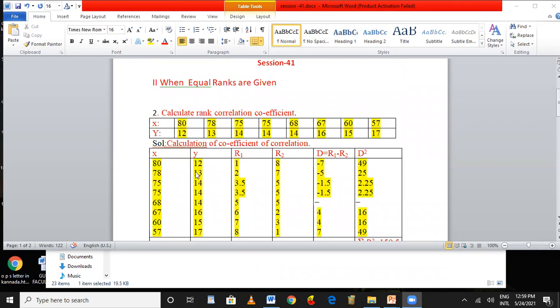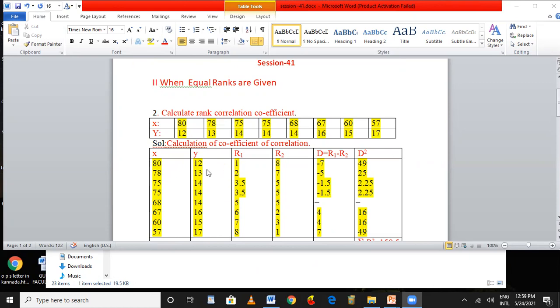First we have to assign the ranks for 80, 78, 75, 75 (repeated two times), 68, 67, 60, 57.